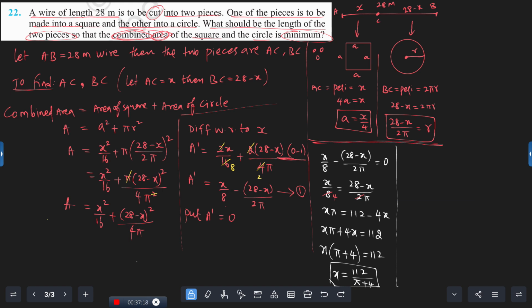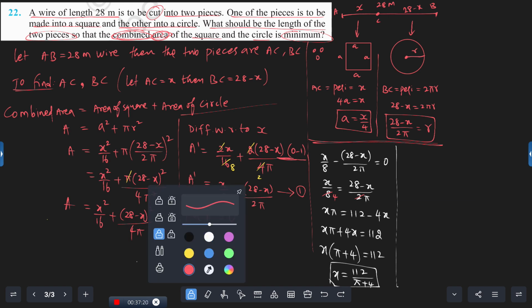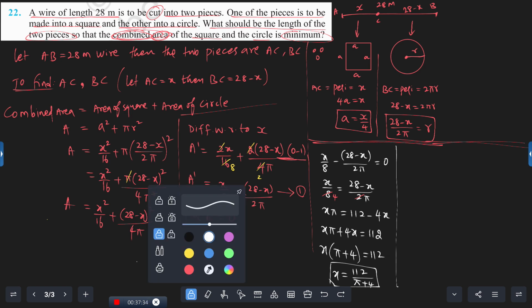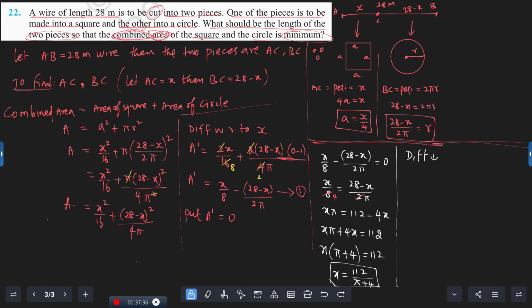Now what I need is a double derivative, to say whether it is a minimum. So I am going to differentiate answer number 1. Differentiating, what I am getting: A double dash is equal to 1 by 8, with x derivative 1, so 1 by 8 will be coming, minus divided by 2 pi as it is, don't change anything.